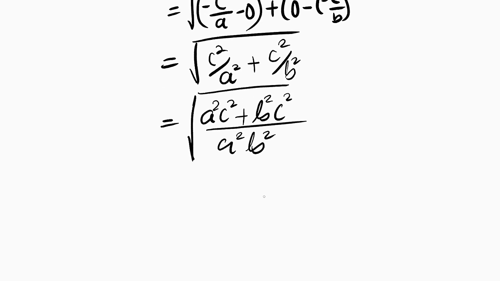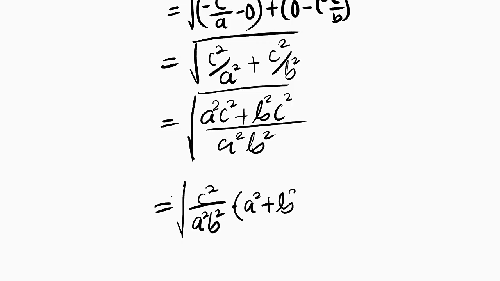And we can factor out the c squared and the denominator. So this is equal to the square root of c squared divided by a squared b squared multiplied by, let me use bracket, a squared plus b squared, right? Yeah, if you multiply this, you are going to get this back.